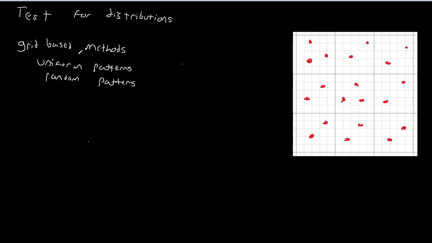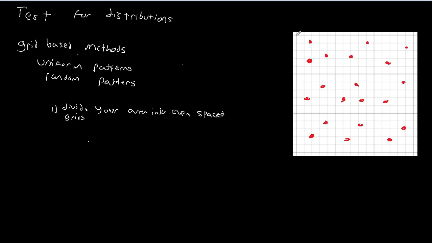of this whole process. So the way a grid-based method works is you divide your pattern. We're going to use this as our example pattern here. You divide your area into evenly spaced grids.